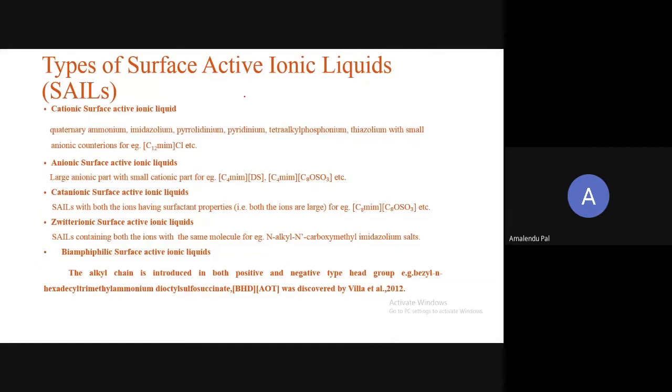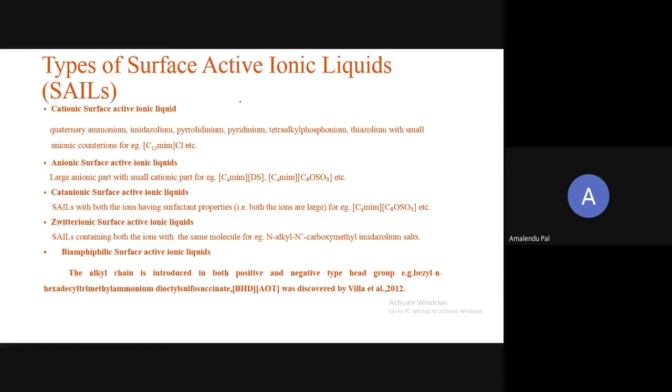Anyway, another thing is also a very interesting topic. Presently we are working on surface active ionic liquids. You probably know the conventional surfactants, meaning SDS, sodium dodecyl sulfate, TTAB, CTAB, all these are conventional surfactants.